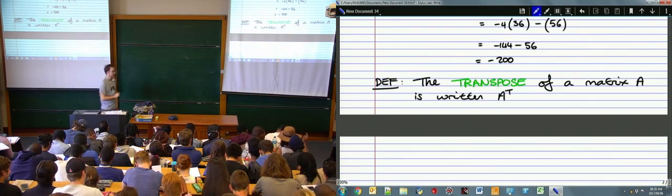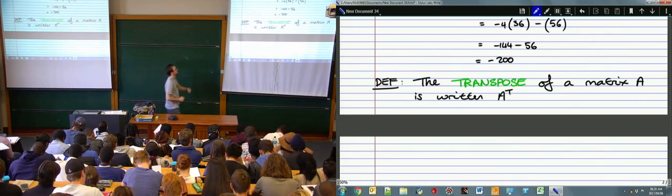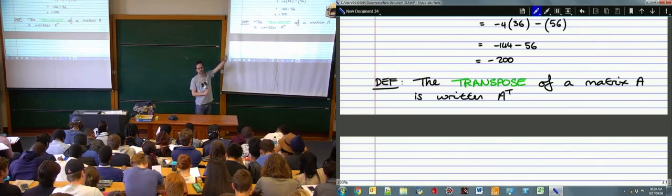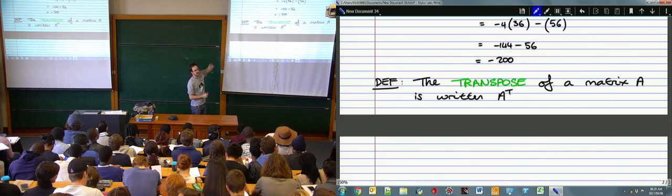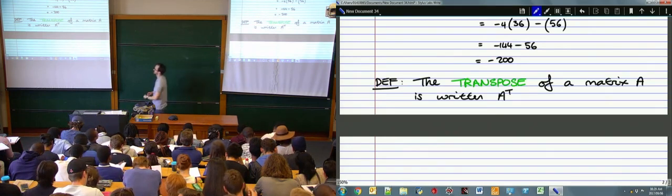So the transpose of a matrix A, which we write as A with a capital T as a superscript, that capital T stands for transpose.